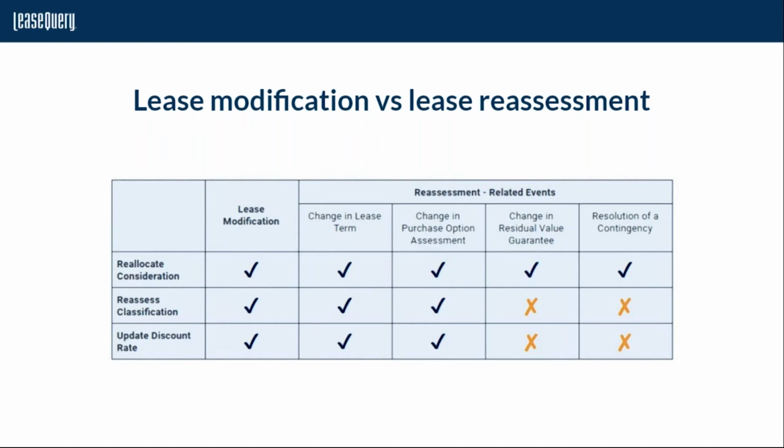As an example, a lessee may change its conclusion on the certainty of the exercise of a purchase or renewal option. This table is a great summary or representation of the common lease events and their proper accounting treatments.